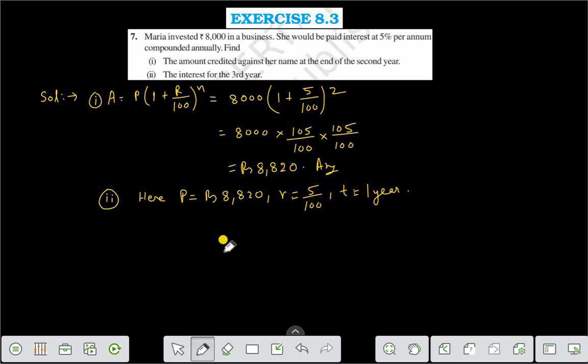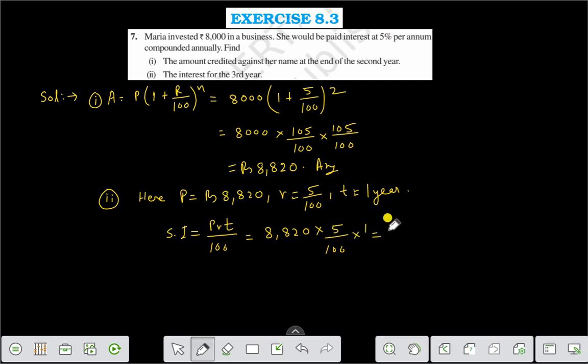You know that simple interest, SI, is equal to P R T by 100. Here you see that principal is rupees 8,820, rate of interest is 5 by 100, and T is for 1 year, or 1.